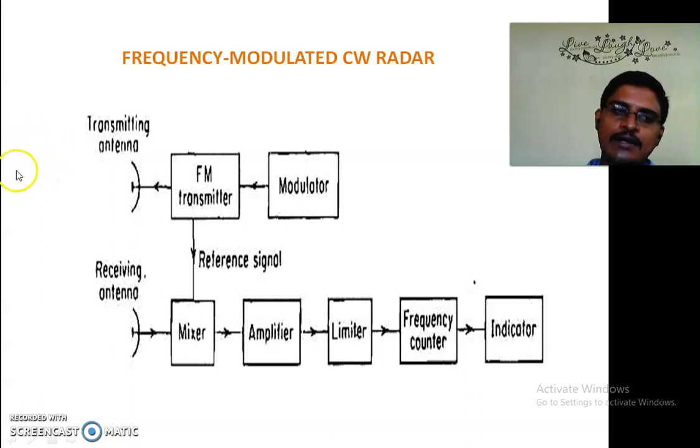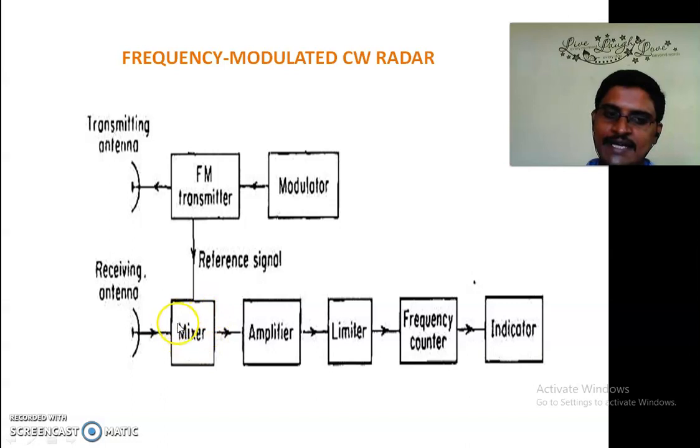The target returns a part of it towards the receiving antenna. The receiving antenna receives the echoes produced by the target, and the received echo signal is given to the mixer as one input. The other input for this mixer is from the FM transmitter.